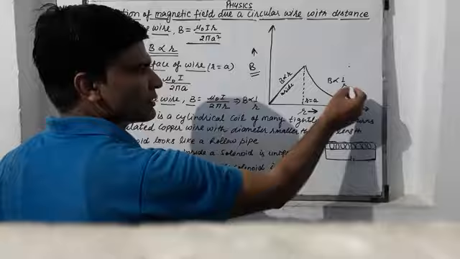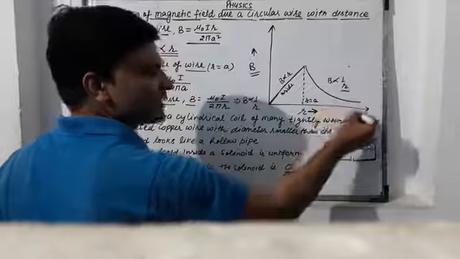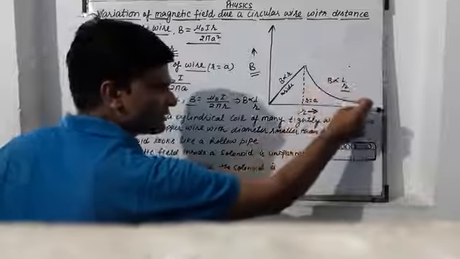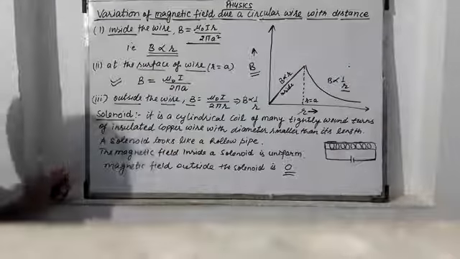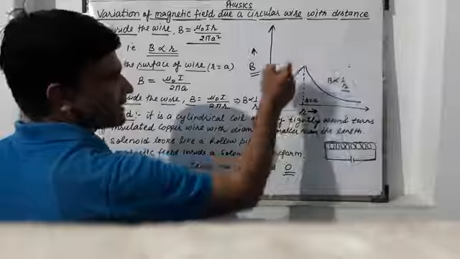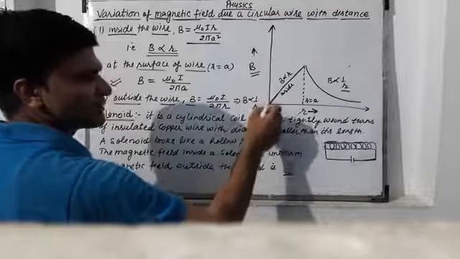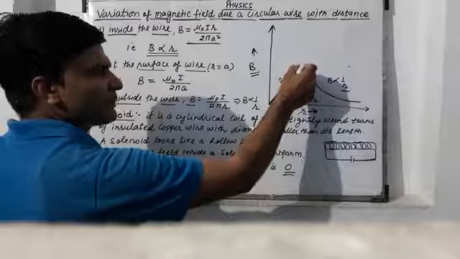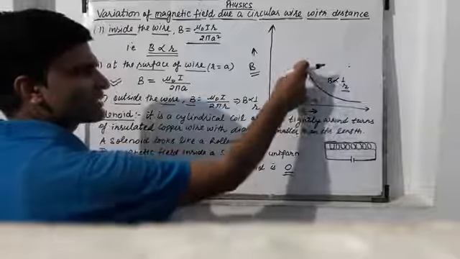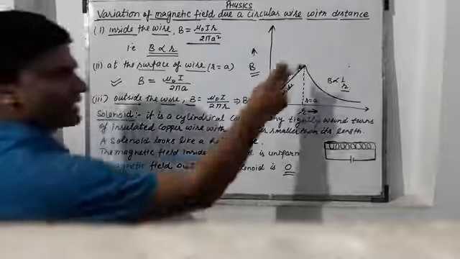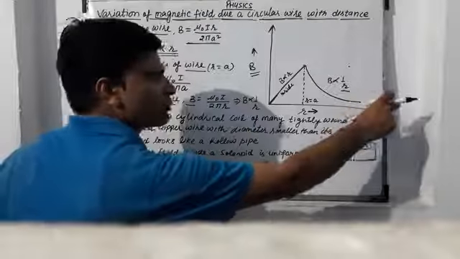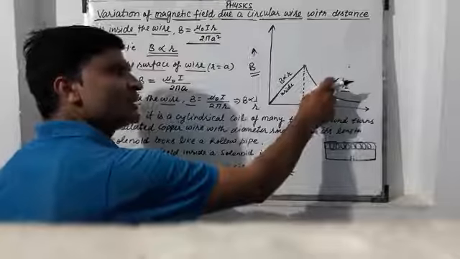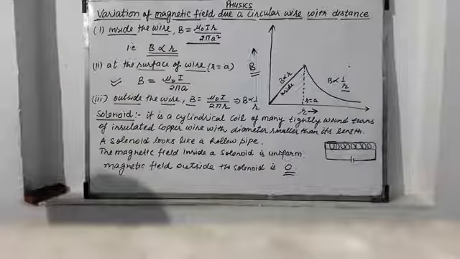In this portion, as r increases, the magnetic field decreases. So the variations are like this. Inside, the magnetic field increases and becomes maximum at the surface. Then as we go away from the wire, the magnetic field decreases.